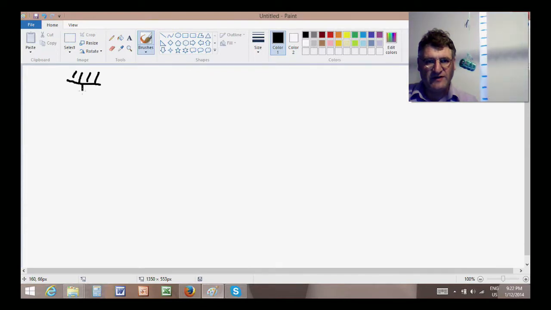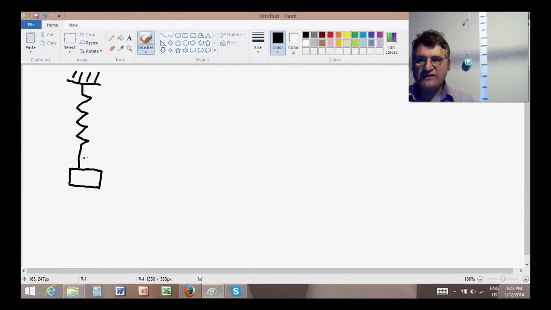So we will take a massless spring here of unknown stiffness and attached to a mass here. We will assume the mass is a point, even though it is clearly not. So, as I said, there is damping happening with this system, and so next to the spring I attach a dashpot.